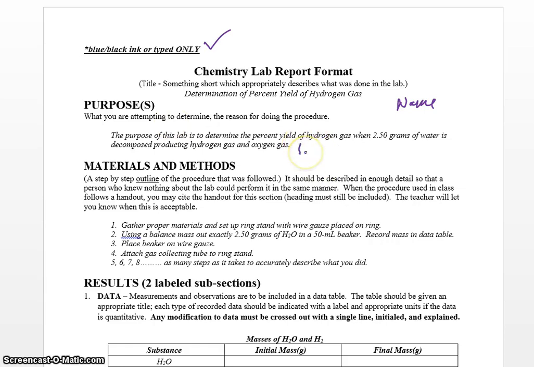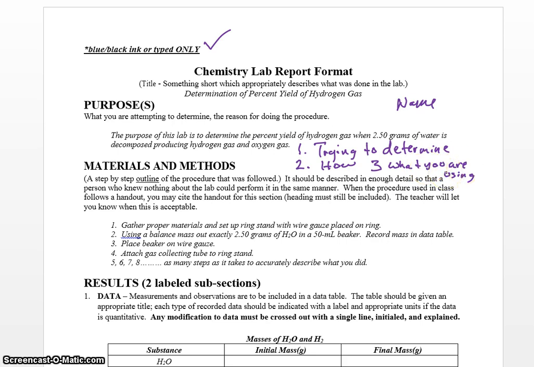Number one, what you're trying to do. What is it that you're trying to determine by doing this experiment? Second, how you will be determining that. And three, what you will use. What you are using to do the experiment.